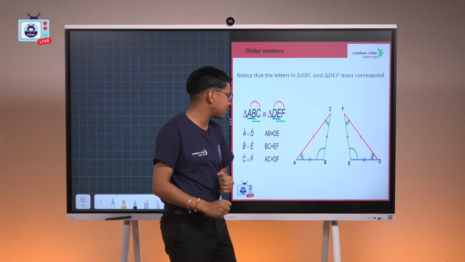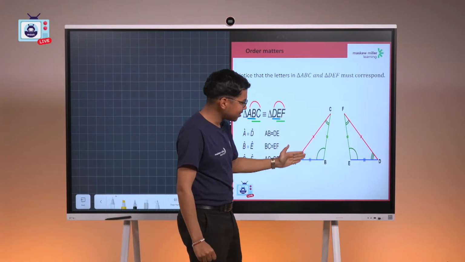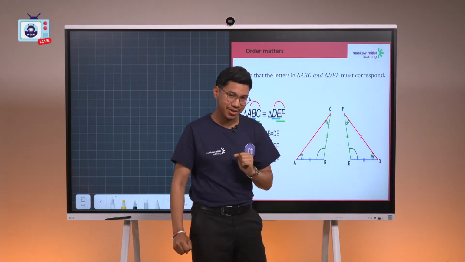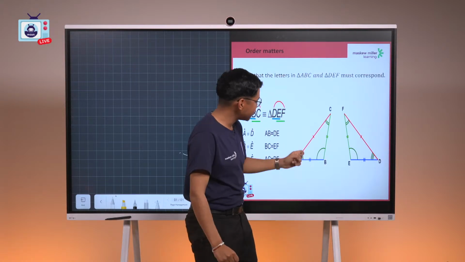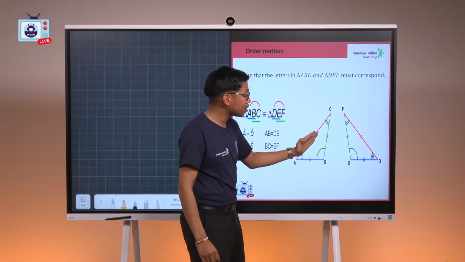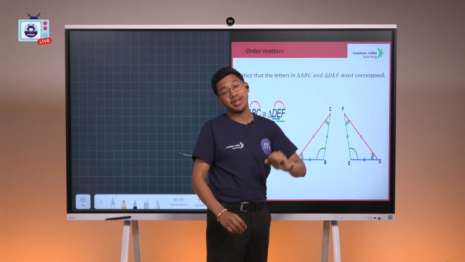Why does order matter? If I take triangle ABC and flip it onto triangle EFD, certain angles and sides in this triangle will correspond with this triangle over here.